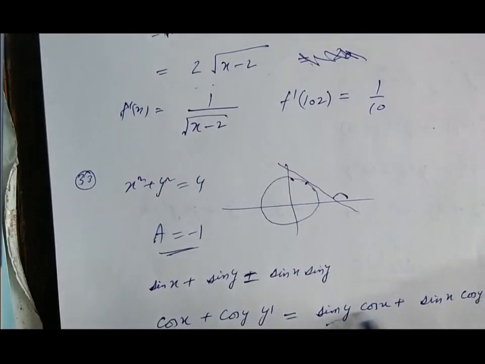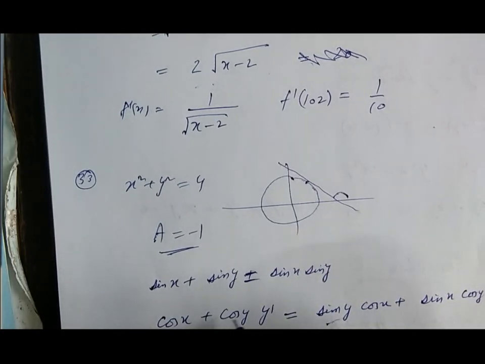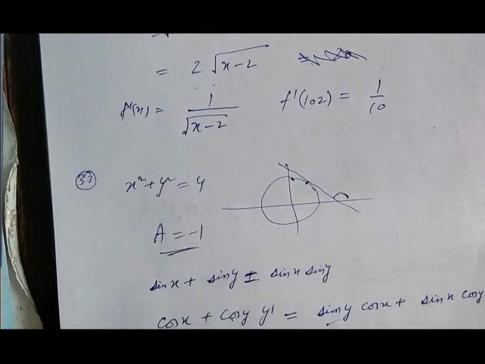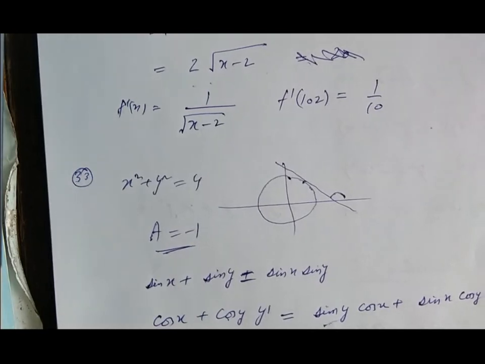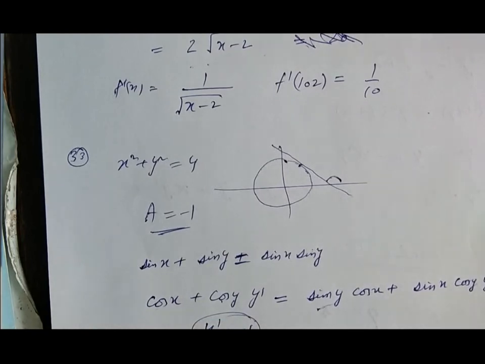So this entire term will become 0 at pi. Cos pi will be minus 1, cos pi will be minus 1, so y dash equal to minus 1. Similarly, you can calculate c by differentiating the equation of the third curve. Moving to next question, question number 35.